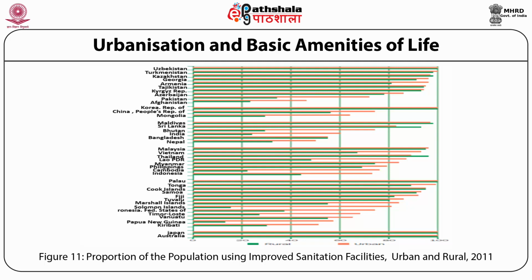Figure 11 shows that the countries which have shown improvement in sanitation facilities have shown greater improvement in urban areas. Out of Asian economies, 27 are reported to improve their sanitation facilities in the 1990s and 30 economies further improved in the 2000s.